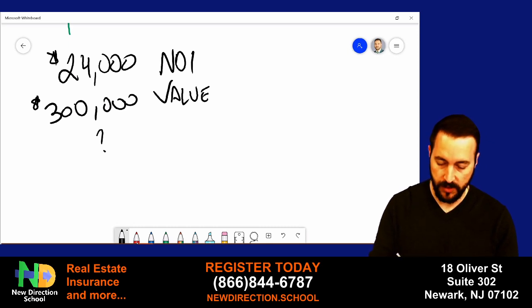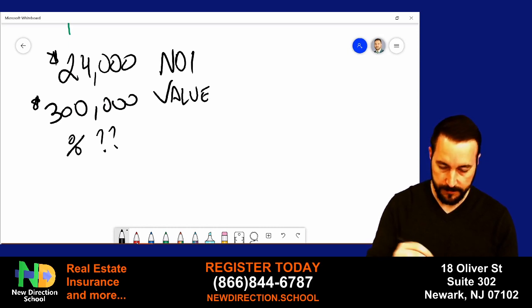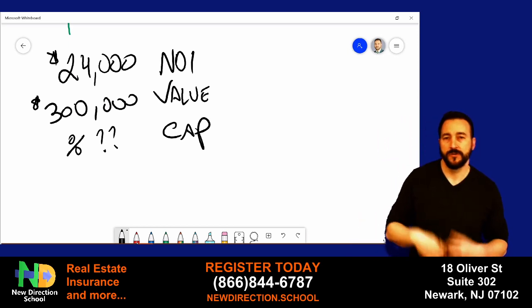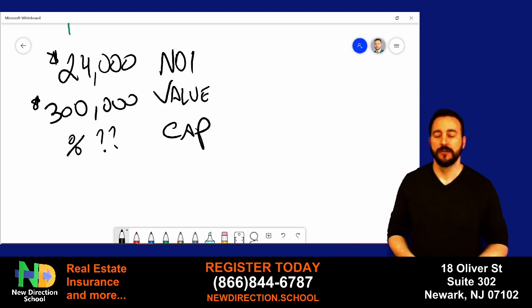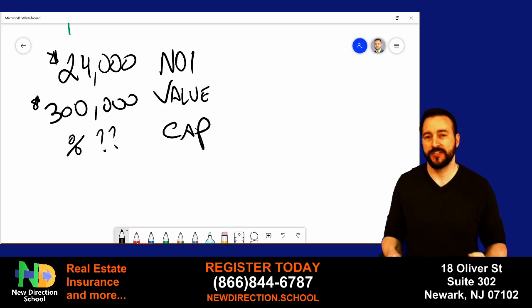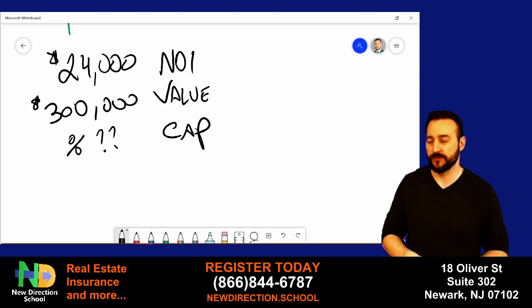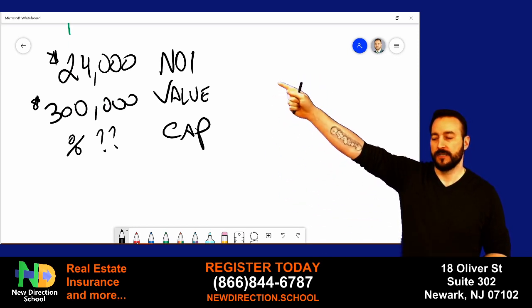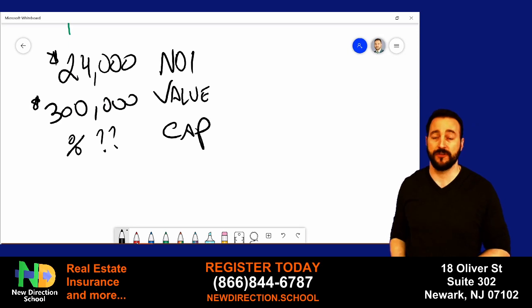The question is, what is the cap rate? So in this question, they will provide you two items, right? And percentage problems, as I'll talk about in most math chapters, percentage values contain three elements. In this case, you have two. Just need to figure out the third.